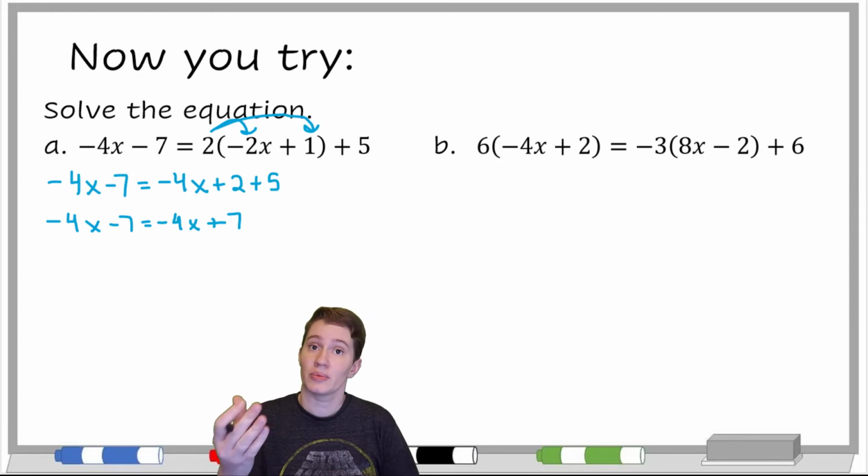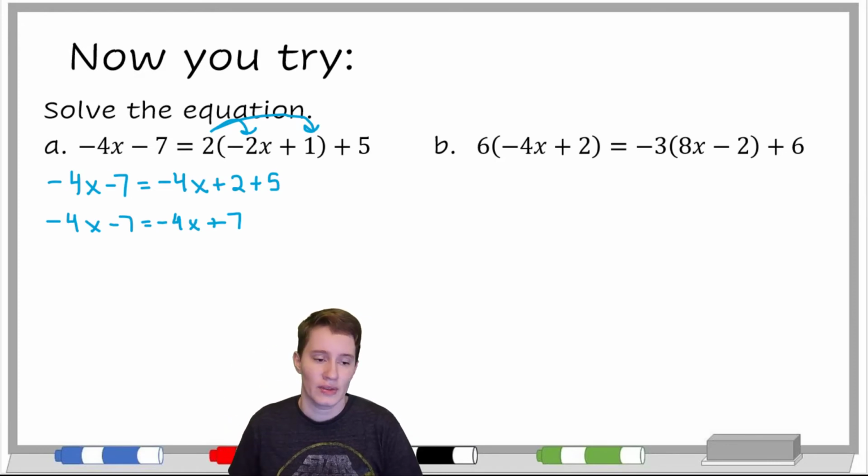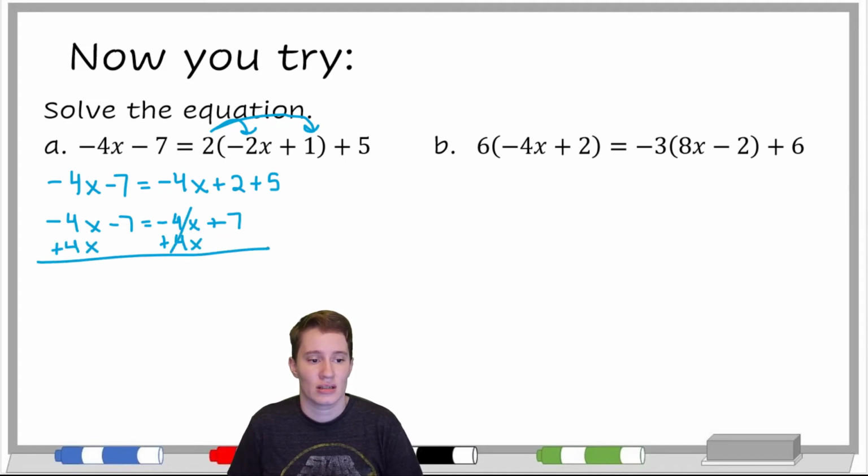And this could be the place where you're like, oh, I know the answer. Or you could decide to go ahead and add the 4x to both sides. And then we look at this and ask ourselves that wonderful question: is negative 7 equal to positive 7?